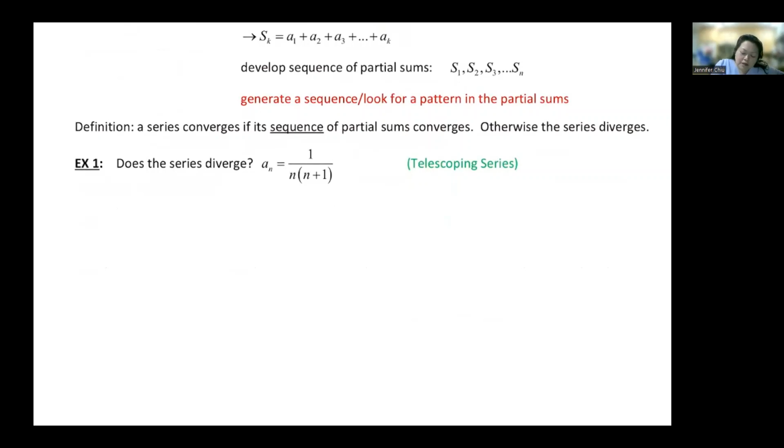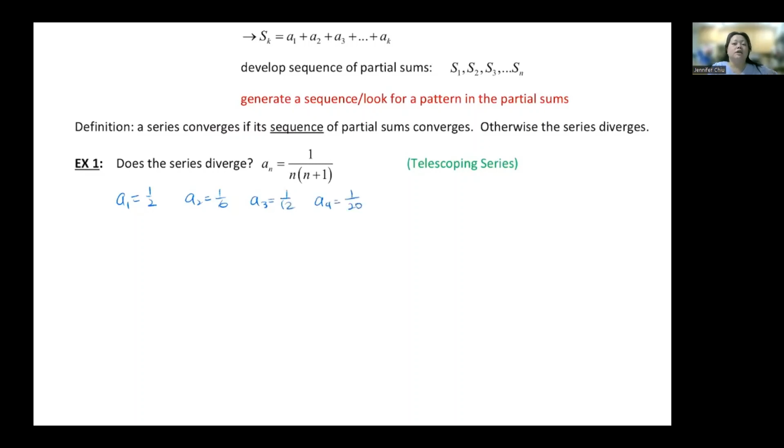All right, so the first step is to actually list the first couple of terms to see what we get. So a sub 1, we plug in 1 and get 1 over 1 times 2, so it's 1/2, right? A sub 2 is 1 over 2 times 3, so 1/6. A sub 3 is 1 over 3 times 4, which is 1/12. A sub 4 is 1 over 20.